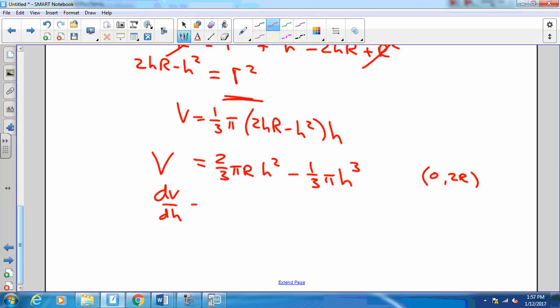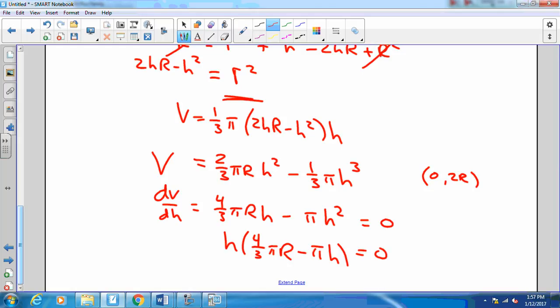So I'm ready to find my critical points. dV/dh equals 4/3 pi R h minus 3/3 pi h squared. Set that derivative equal to 0 and solve by factoring.